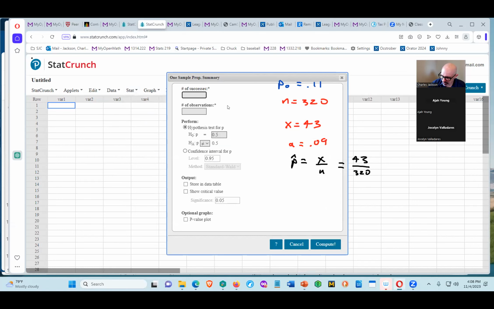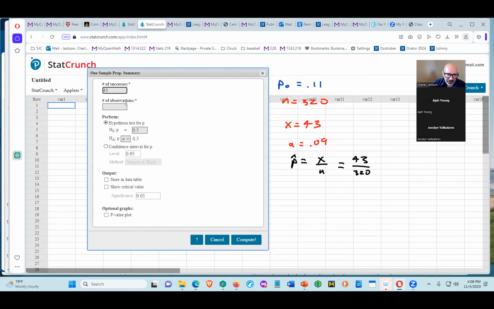Oh, so that's how I would do it. Yeah, it had to be there because you just don't leave out something like that. Okay. 320. P is 0.11, that's the hypothesized population proportion. Alternative, it's greater than that.